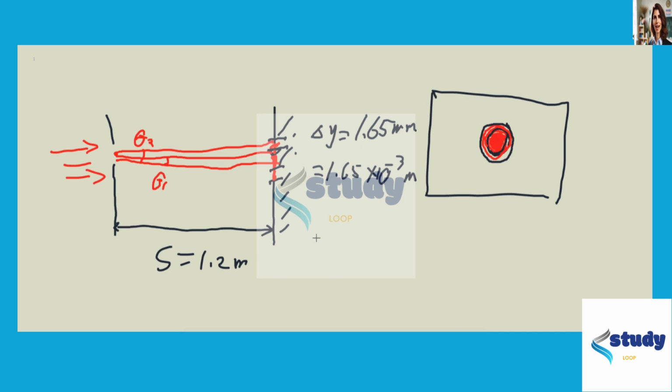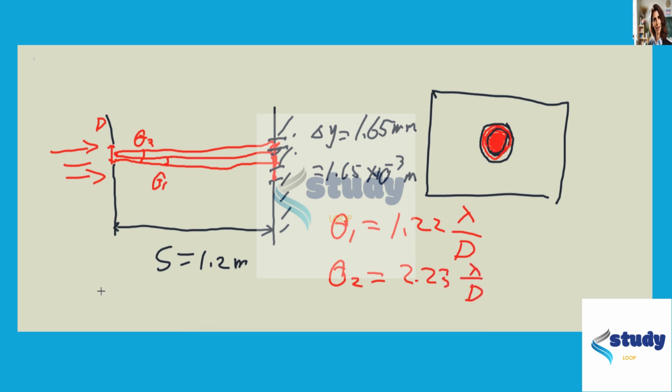These are given by equations 36-18 and 36-17: theta 1 equals 1.22 times the wavelength lambda over d, where d is the diameter of our aperture, and theta 2 equals 2.23 lambda over d.